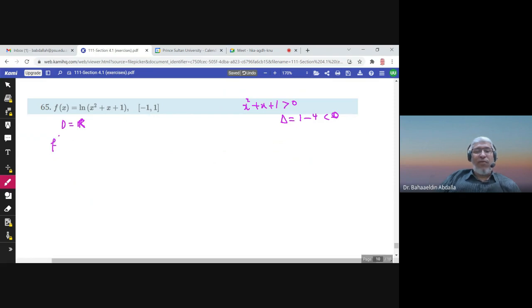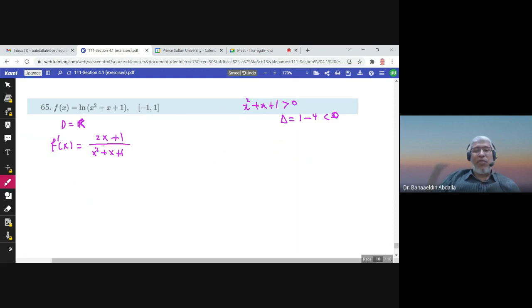So we find f prime to find the critical numbers. And we have 1 over x squared plus x plus 1 times the derivative of x squared plus x plus 1, which is 2x plus 1. So this is f prime. It's nice.